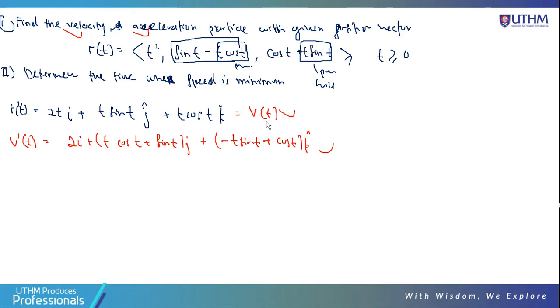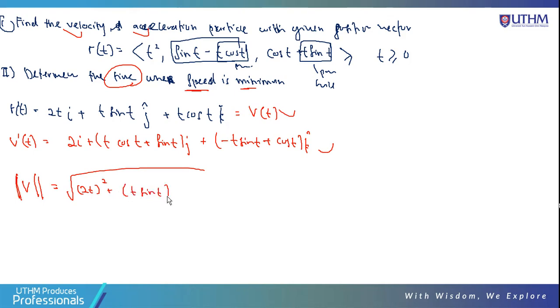And then question 2, determine the speed. Determine the time when the speed is the minimum. So we need to find the speed. So take the magnitude of v: 2t cos 2 plus t sin t cos 2 plus t cos t to the power 2.